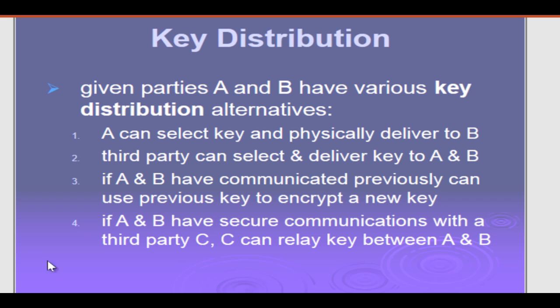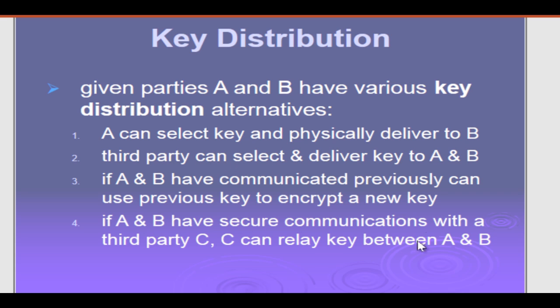Another one is that A and B have secure communication with a third party C, and C can relay the key between A and B. So it is the same as this one, with a third party.